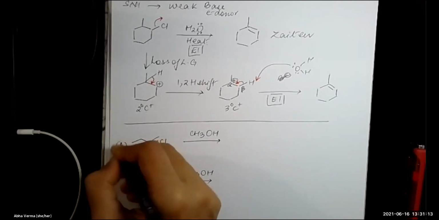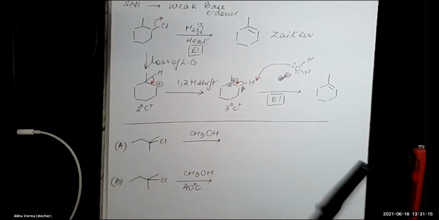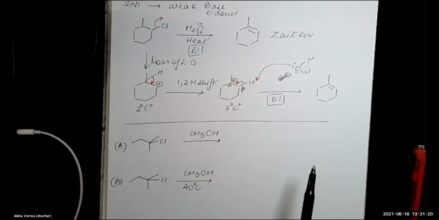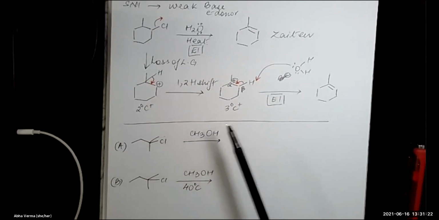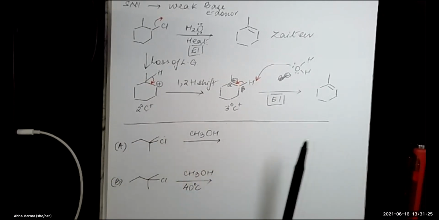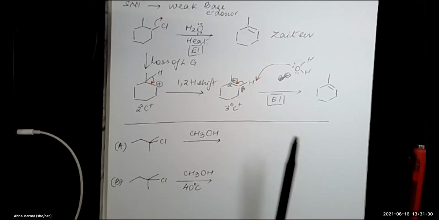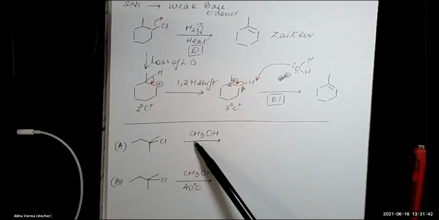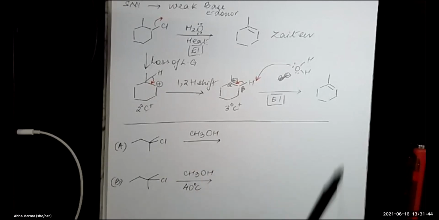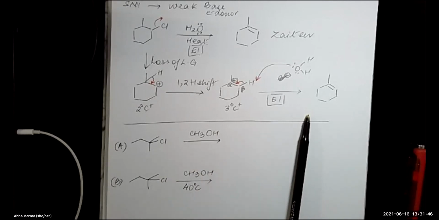So this is reaction A, this is reaction B. And we have looked at all our mechanisms, the acid-base mechanisms. We have looked at substitutions, the SN2 and the SN1 mechanism. We have also looked at now the E2 and the E1 kind of mechanism. I want all of you to explain what kind of a mechanism we will see in these two. And you don't have to answer it right away.